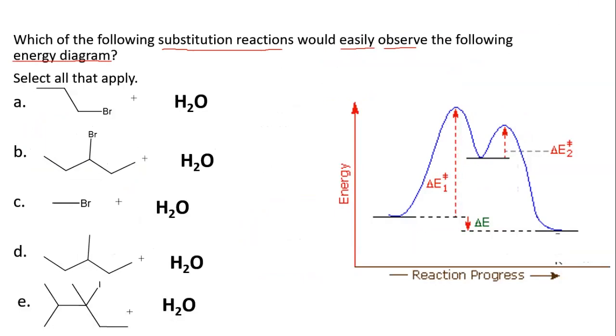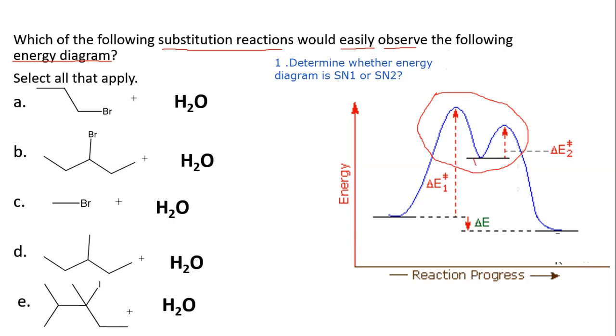What we need to do first is determine whether the energy diagram is SN1 or SN2. From the energy diagram, we see that there are two steps and we have an intermediate. Since there are two steps, this tells you it's an SN1 reaction.